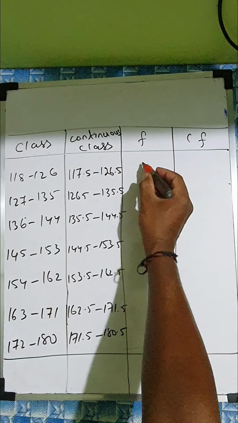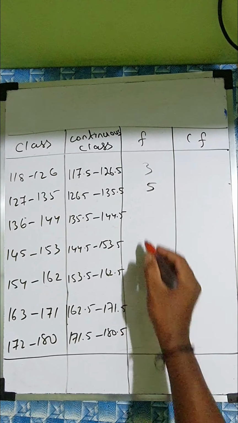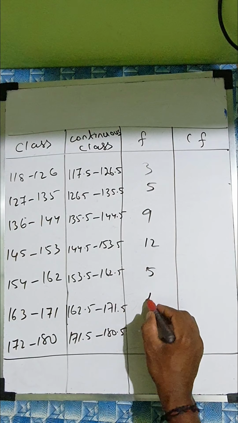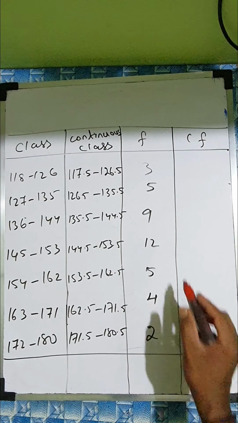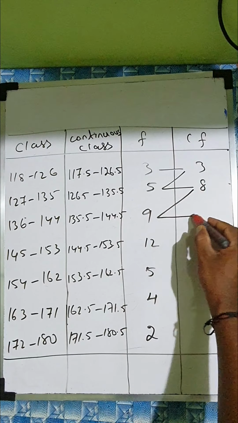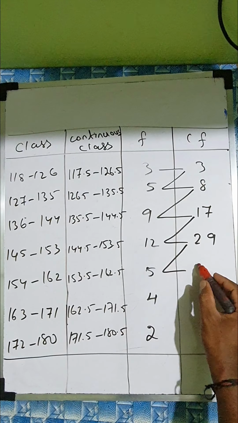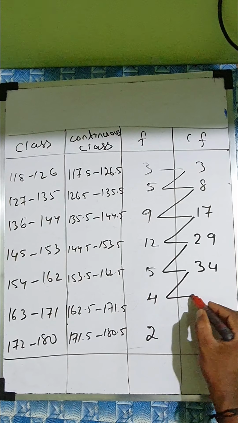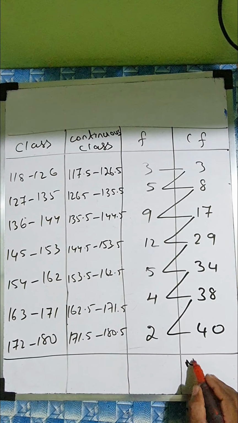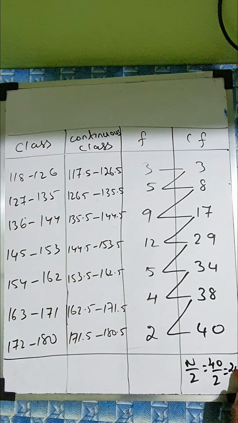And the number of leaves is 3, 5, 9, 12, 5, 4, 2. And cumulative frequency: 3 plus 5 is 8, 8 plus 9 is 17, 29, plus 5 is 34, plus 4 is 38, plus 2 is 40. Okay, so n by 2 is 40 by 2, which is 20.